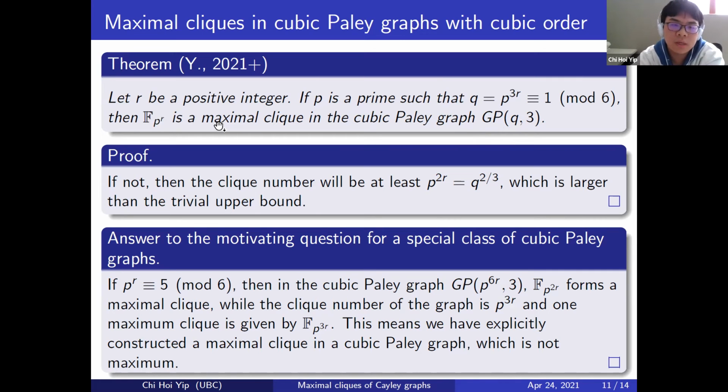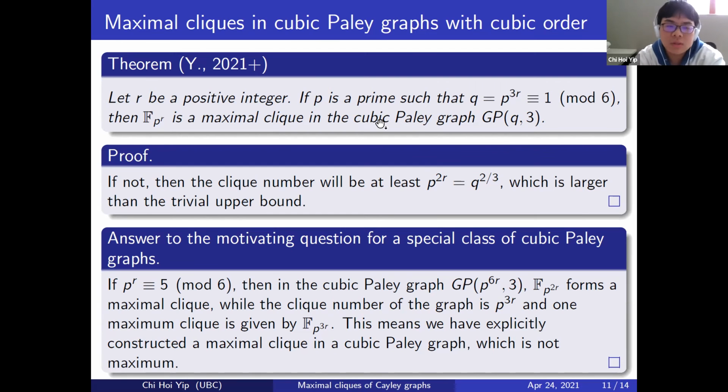Suppose it is not the case; then by the previous corollary, the clique number will be at least p^{2r}, which is Q^{2/3}. Recall that the trivial upper bound for the clique number is given by root Q. So that is not possible, which means F_{p^r} must be a maximal clique in the cubic Cayley graph of order Q.